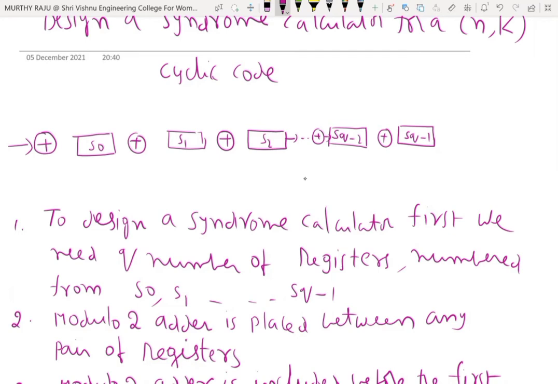Place modulo 2 adders between any pair of registers. One more important point here is that in front of the first register, an additional modulo 2 adder is added, as shown in this figure.